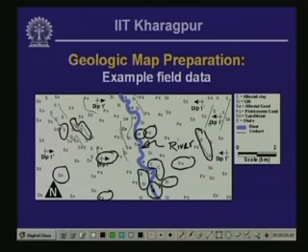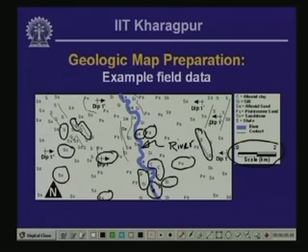Then geologic units marked with a capital S indicate shale. It is essentially a type of claystone. And SS, these areas are essentially sandstone outcrops. Also shown on the map is the approximate scale of the map area.